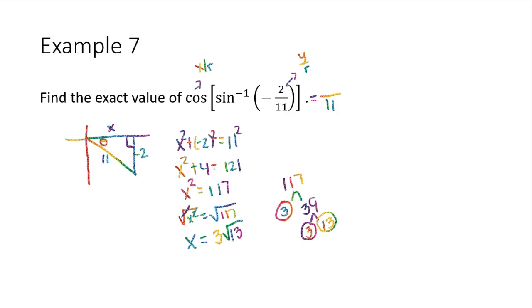The 3 out here came from the fact that I had a pair of 3's right here. Alright, so now I can say that the cosine is my x-coordinate, which is 3 times the square root of 13, divided by the r, the radius, which is 11. And so this problem simplifies to 3 square root 13 over 11.